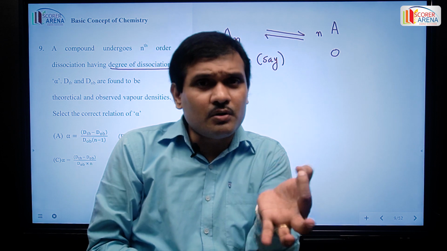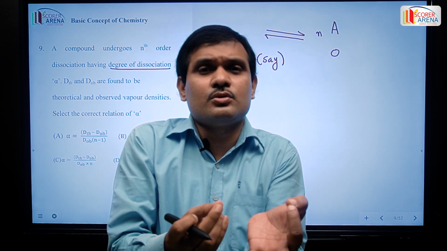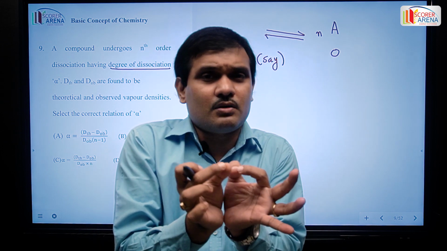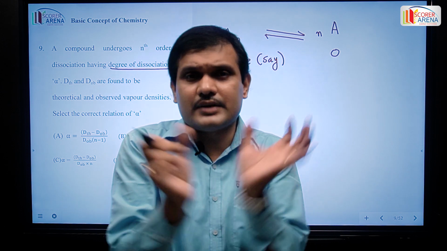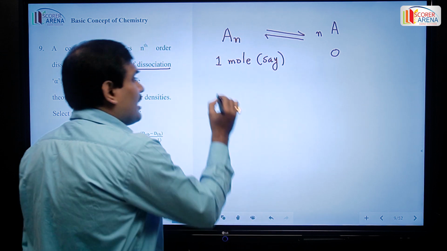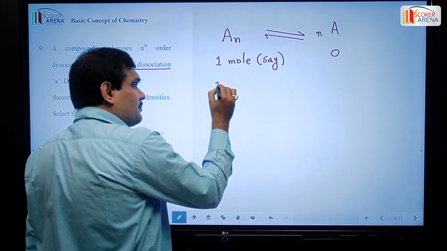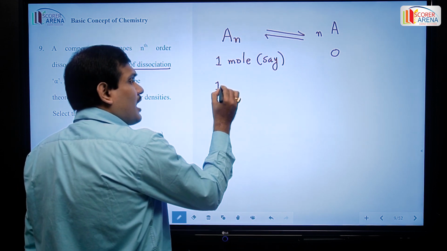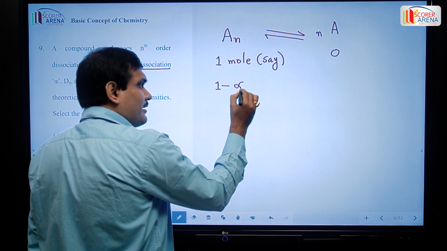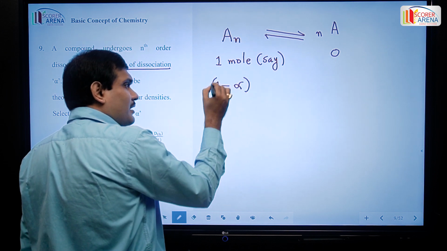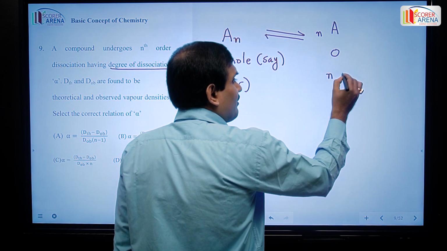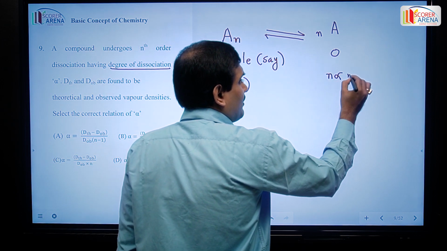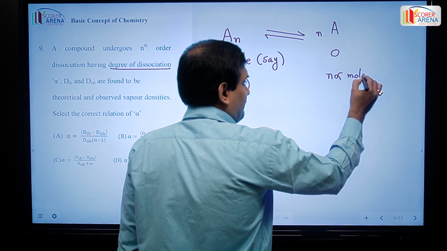If we take 1 mole, it will break up to produce alpha mole of that component, and 1 minus alpha mole will remain intact. So if alpha is the degree of dissociation, alpha mole of AN will break up to produce n alpha number of moles of A.